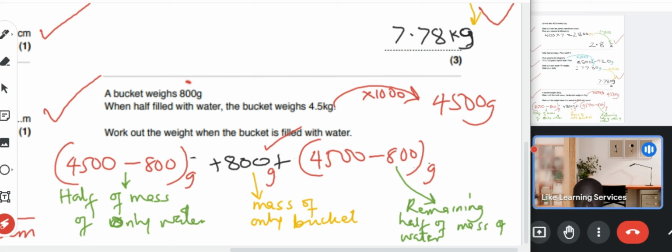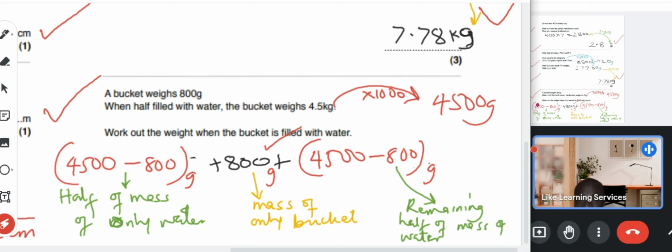Mass of pocket alone, 800 grams. Pocket with half filled water, 4.5 kilograms, which is 4,500 grams when you multiply by 1,000. So to get the mass of only half of the water, you need to do 4,500 minus 800.